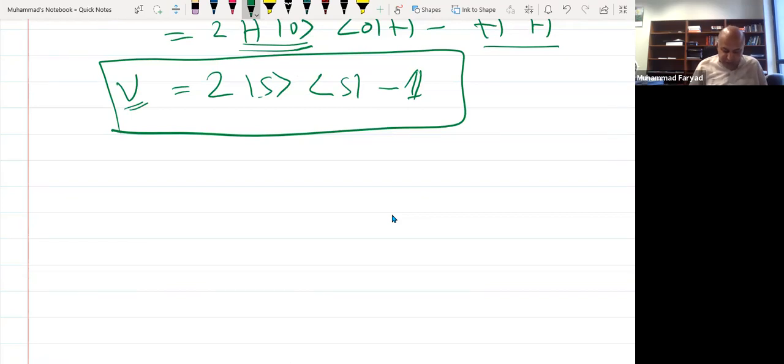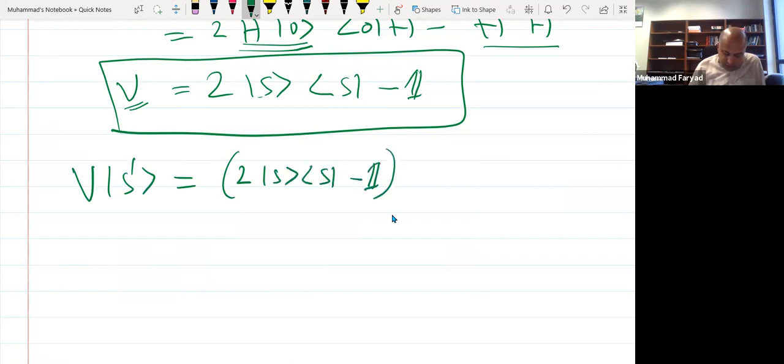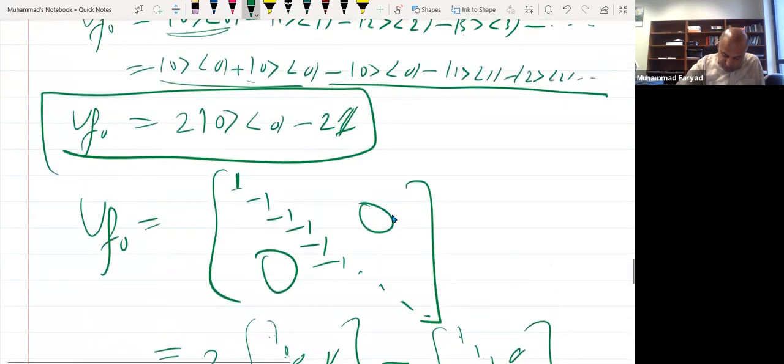So now I'm ready to write the output after passing through the Hadamard, and let's call it V S prime, and my V is 2SS minus identity, and S prime is, sorry, I have to operate this V on S prime, yes, and S prime is cos alpha W perpendicular, minus sin alpha W, and which one is the perpendicular?